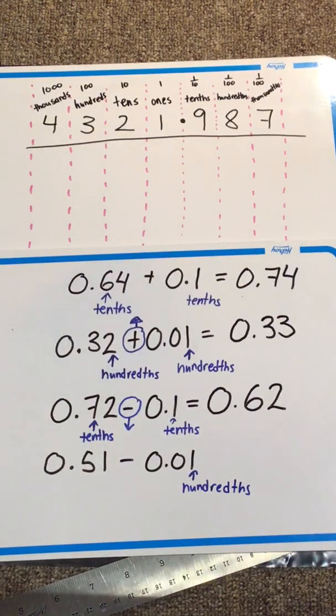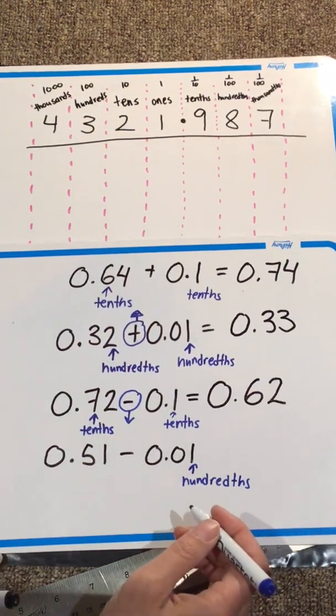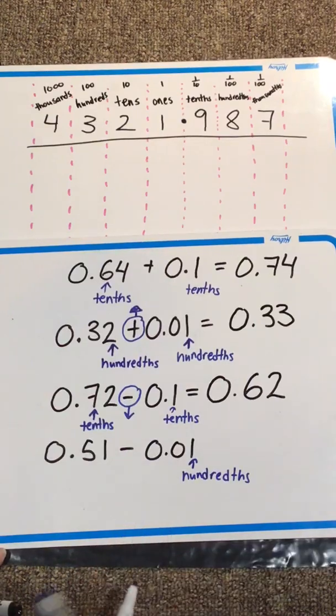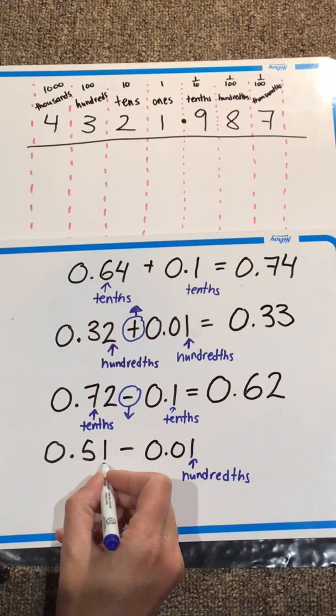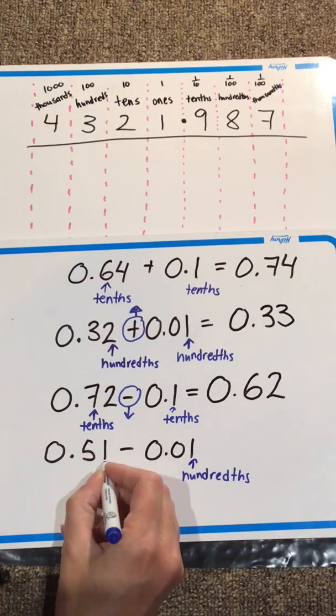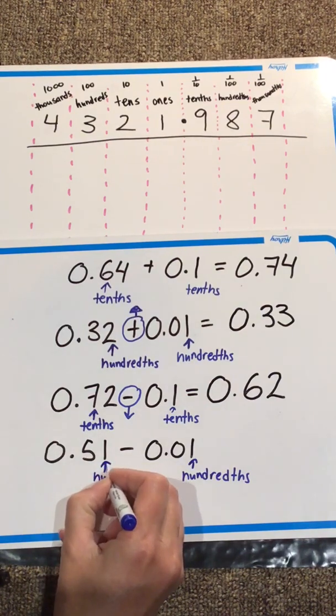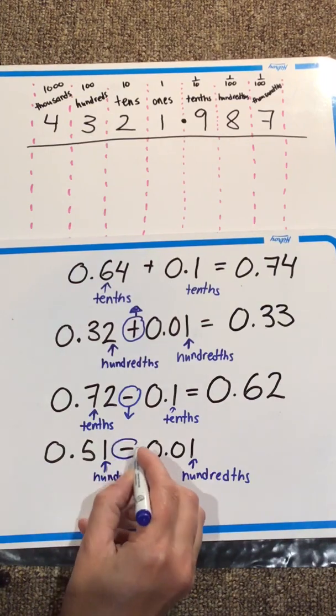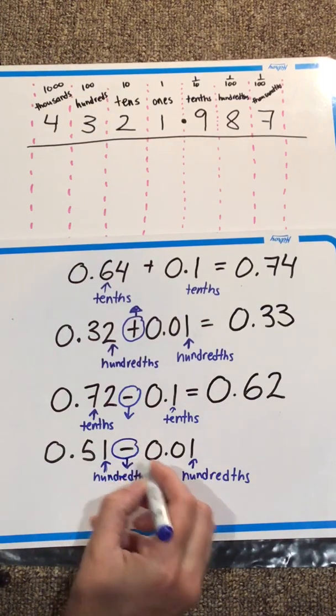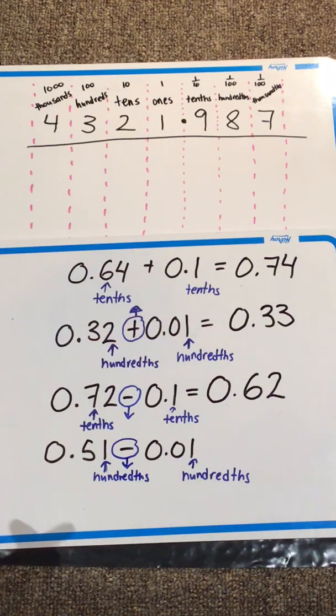Then I look at 0.51. What digit is in the hundredths place? It's the 1. I check my sign. It's subtracting, so we're going to go down by 1.